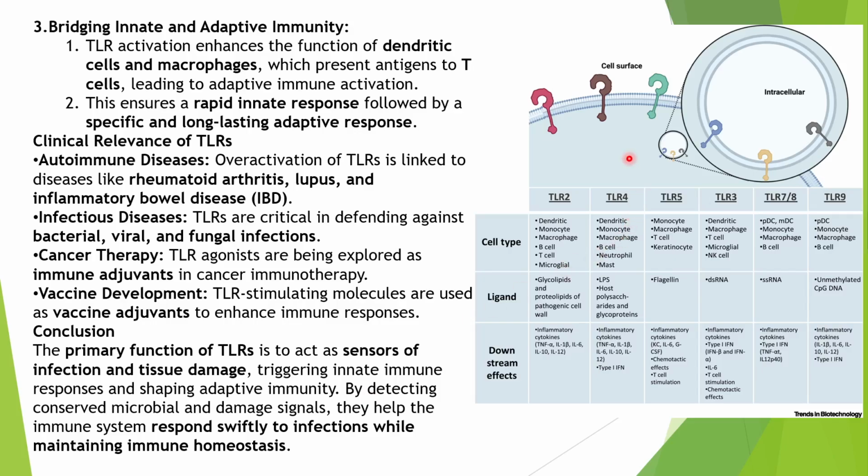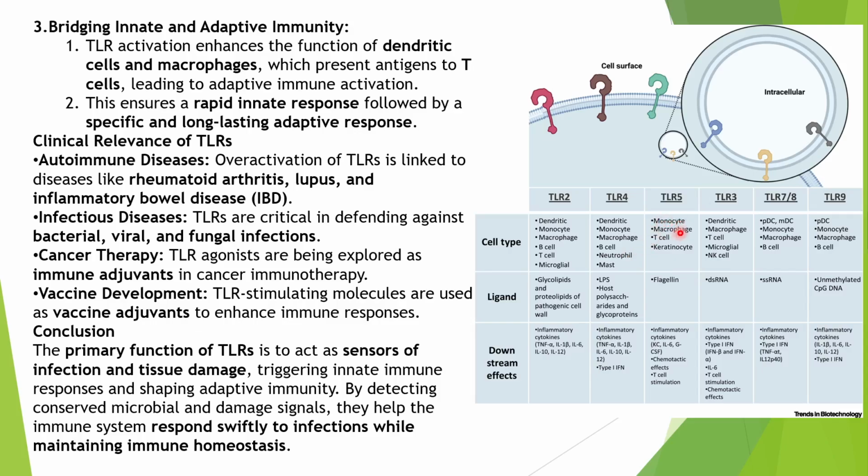So here you can see they are present on your cell surface and also in your intracellular vesicles. Then you have different TLRs present on different cells. Your TLR2 is present on dendritic cells, monocytes, macrophages, B cells, T cells, microglial cells. TLR4 is present on dendritic cells, monocytes, macrophages, B cells, neutrophils and mast cells.